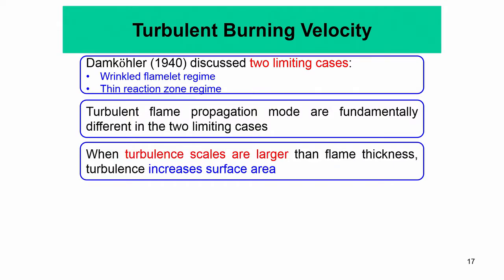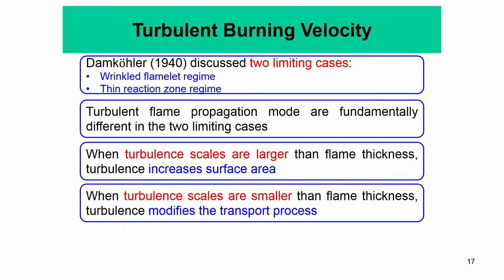Okay. When the turbulent scales are larger than the flame thickness, that is in the corrugated flamelet regime or the wrinkled flamelet regime, where there is no disturbance of the preheat zone structure by the turbulent eddies, then turbulence just increases the flame surface area due to tangential straining without distorting or disturbing the inner flame structure.